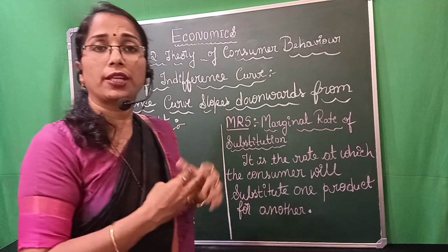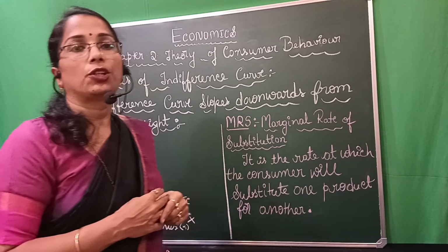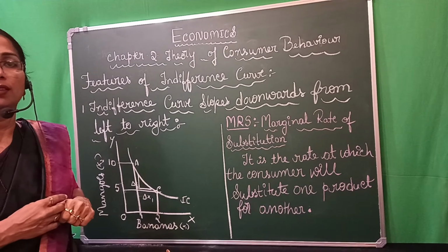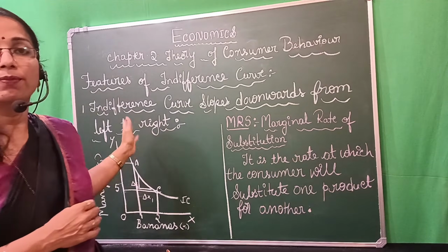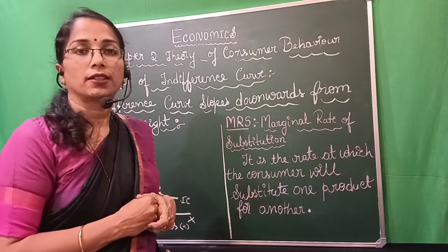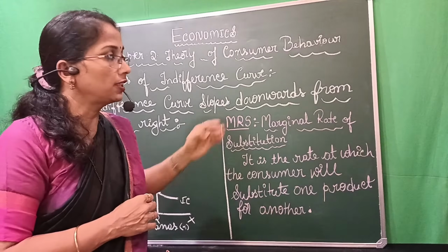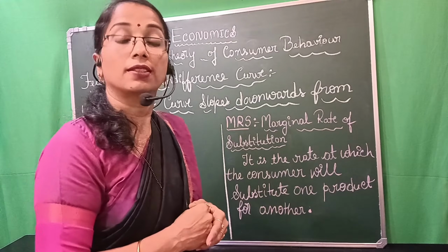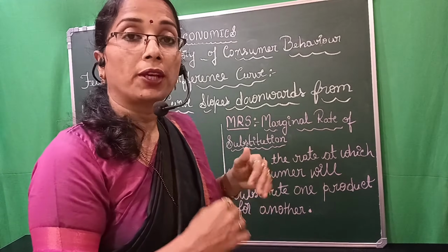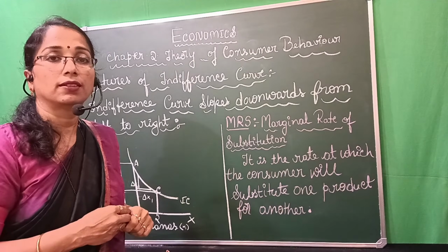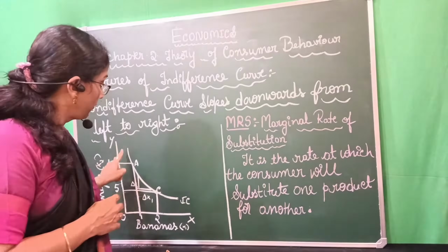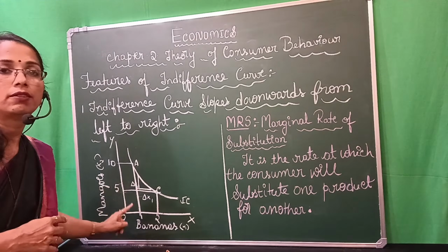Because of the operation of marginal rate of substitution, the curve slopes downward from left to right, and always the marginal rate of substitution is diminishing. Because of the diminishing marginal rate of substitution, the curve is convex to the origin.